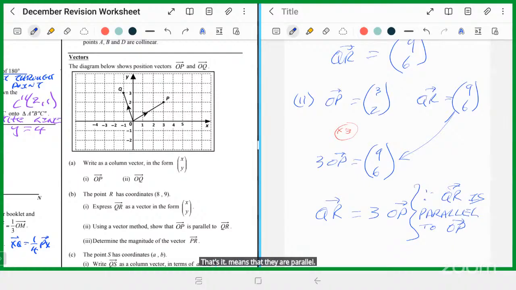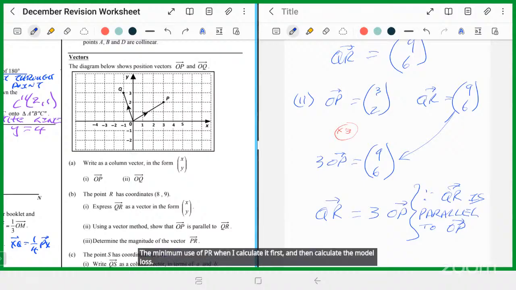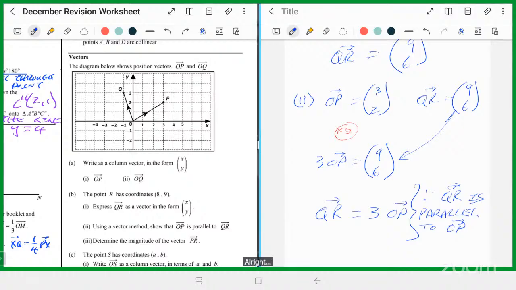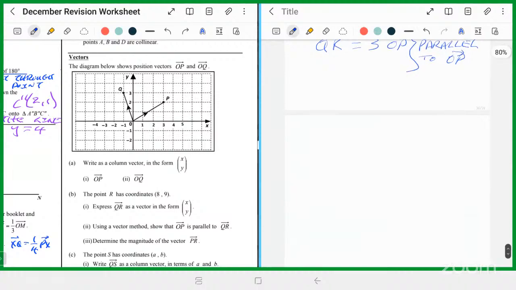And this one now says determine the magnitude of PR. So to determine the magnitude of PR, we're going to calculate the vector first and then calculate the modulus. So for part 3, we need the vector PR, which becomes OR minus OP.